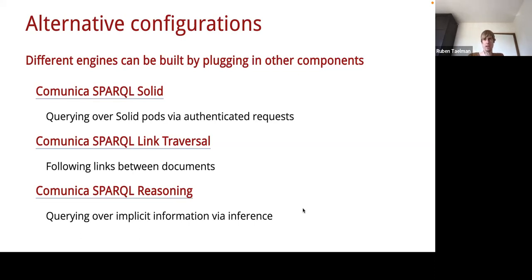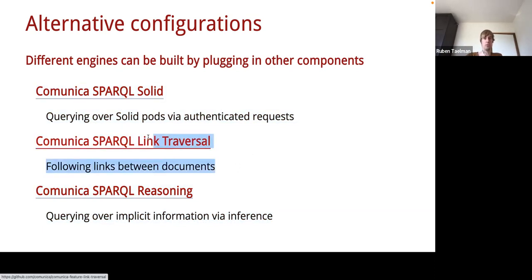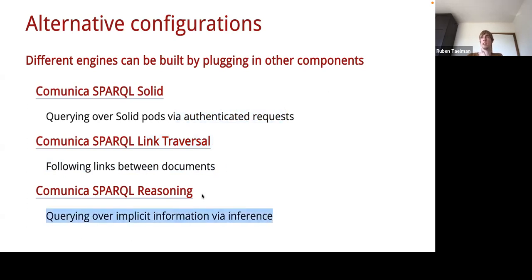And we also have some other ones still. And the nice thing about Comunica is that you can combine all of these together, of course. So you can also do link traversal, combine it with Solid, and maybe do some reasoning as well. So yeah, you can configure this yourself, of course.